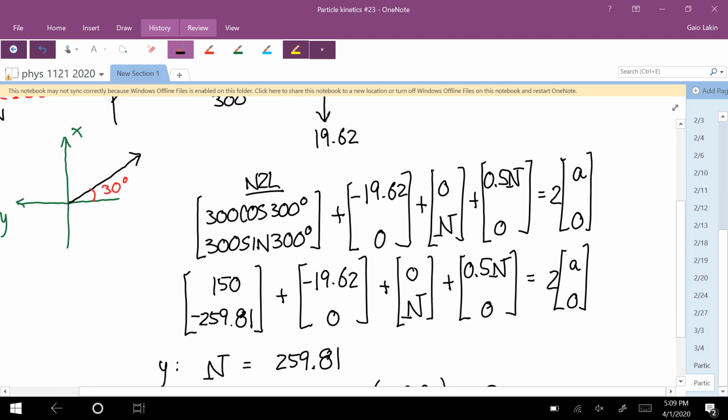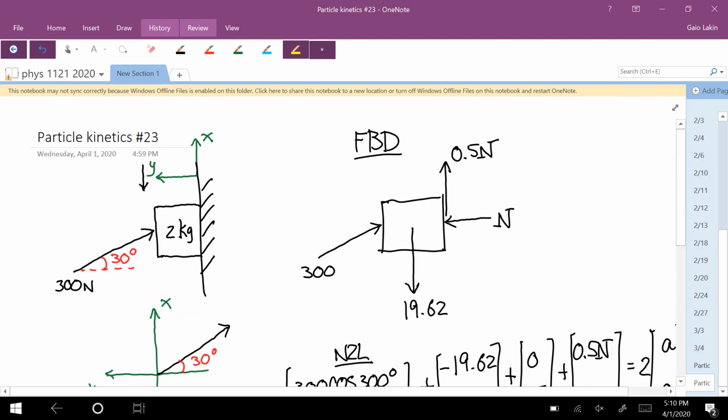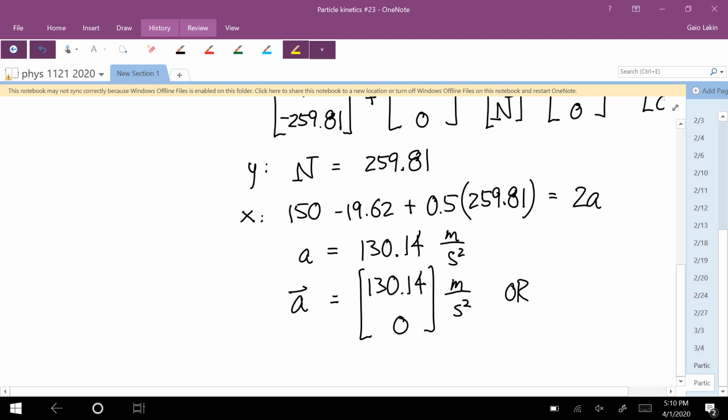In Newton's second law up here, we already represented the acceleration vector as a, 0. So if you plug this in, it means that the acceleration vector is positive 130.14. And now we have to think about what that means. This is meters per second squared in our coordinate system. Our coordinate system has the x-axis pointing up, so that means that this is an upward acceleration with a magnitude of 130.14 meters per second squared.